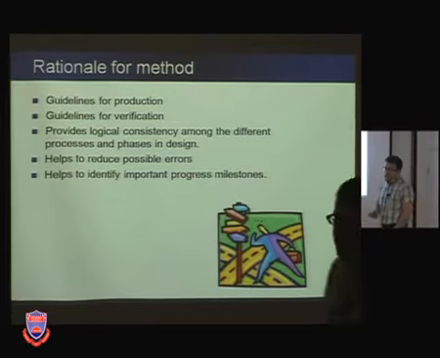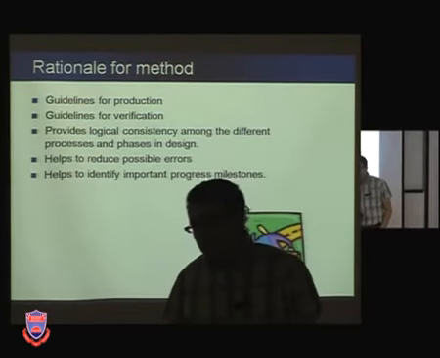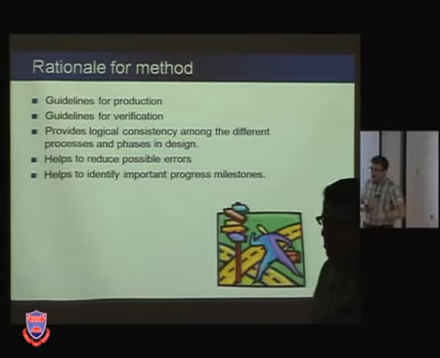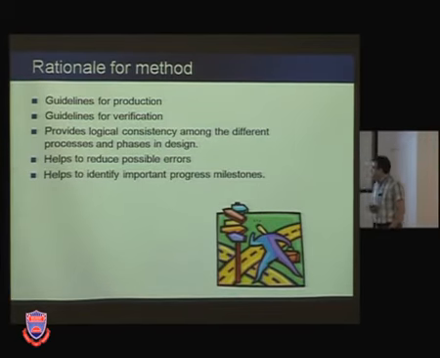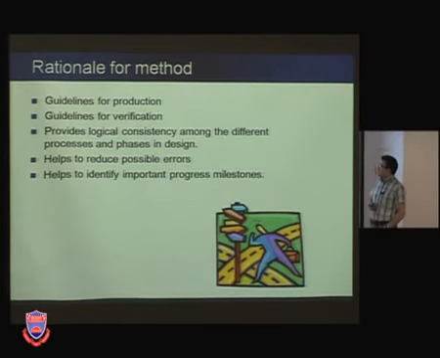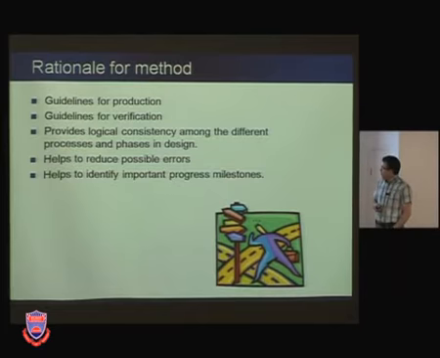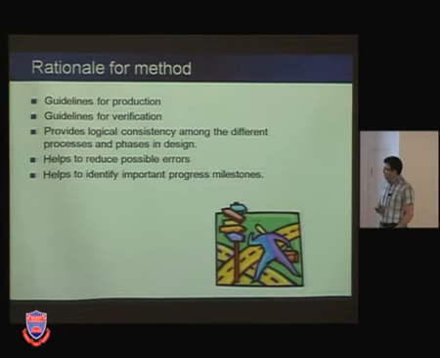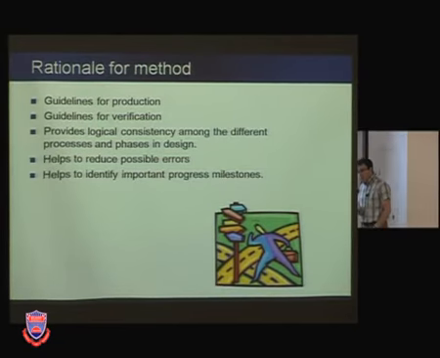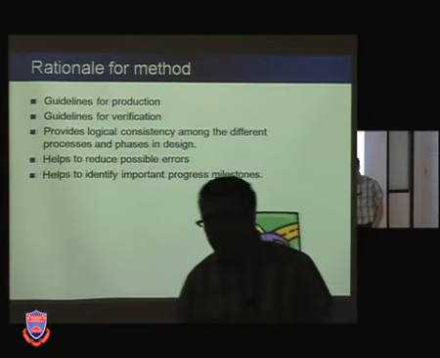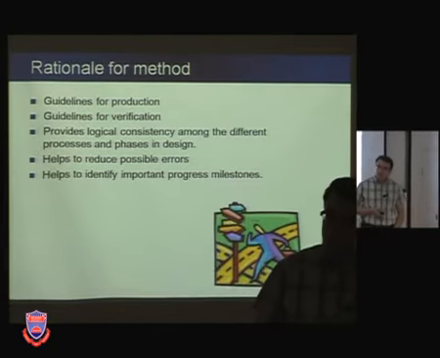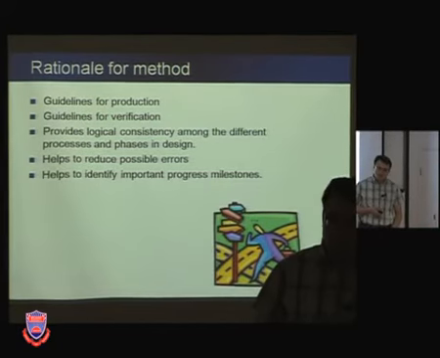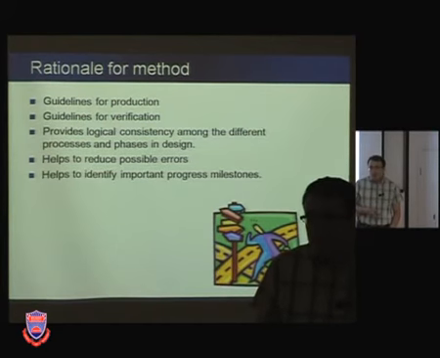You could have different phases, but in a method, it's ordered in a systematic manner. It helps to reduce possible errors, and it helps to identify important progress milestones, which is also important from the project management perspective. Okay?